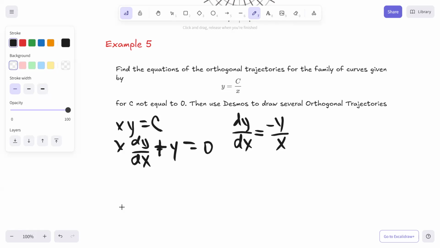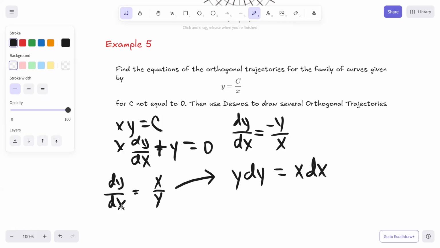In other words, perpendicular. So the orthogonal slopes, dy/dx, are going to be x over y, positive x over y. Then this is what we can solve. So multiply both sides by y and dx, separate those, integrate, so you have 1/2 y squared equals 1/2 x squared plus c.